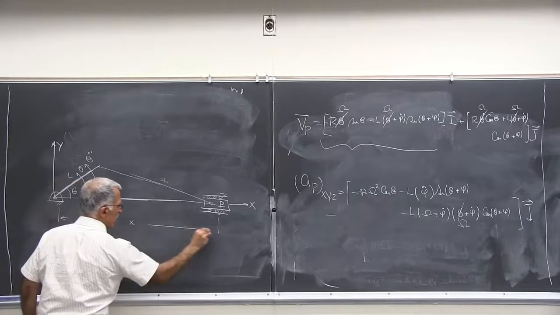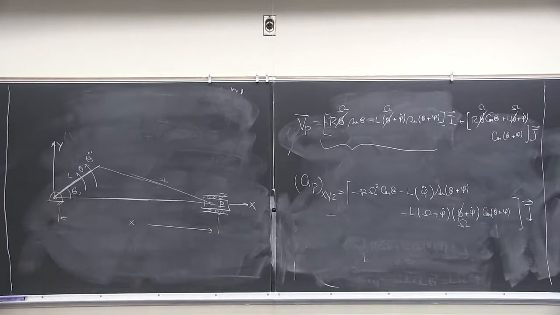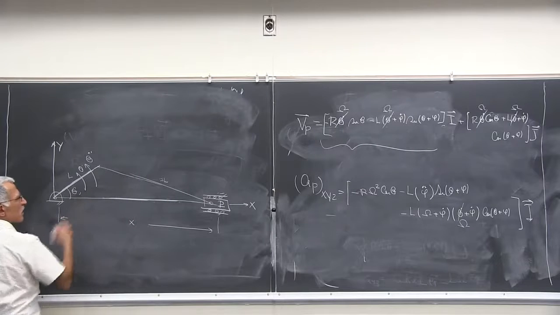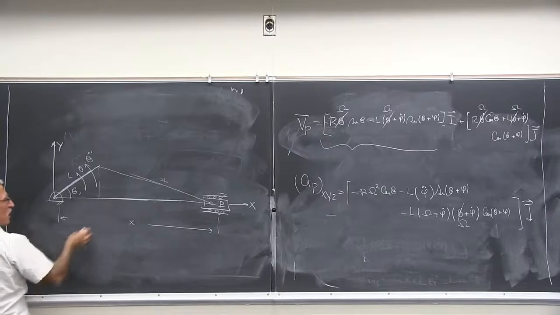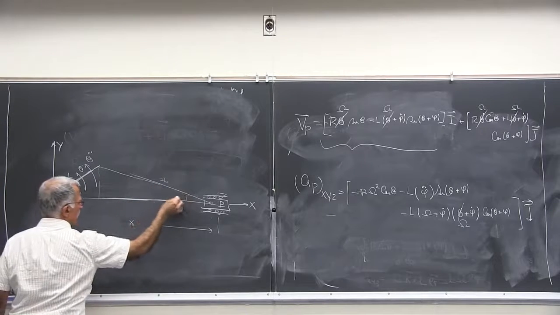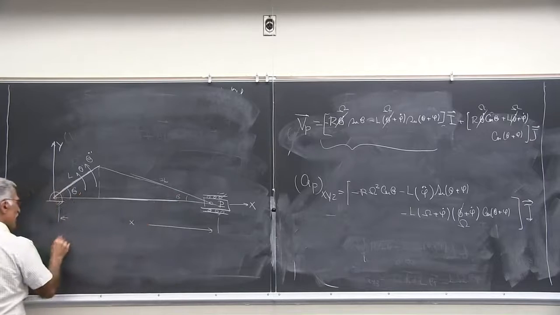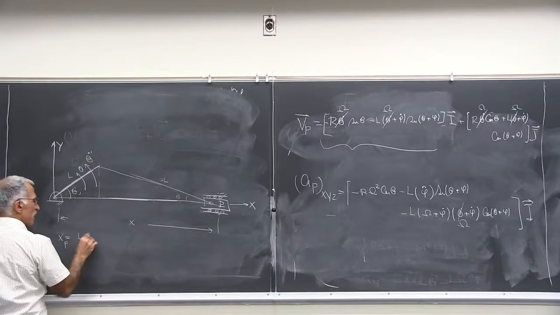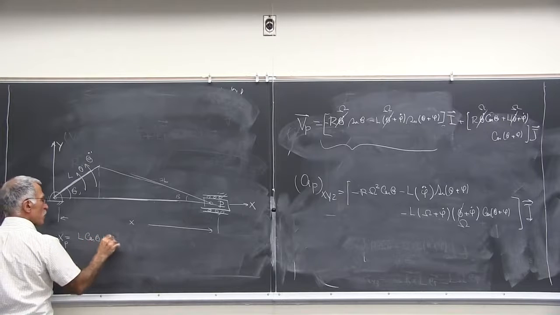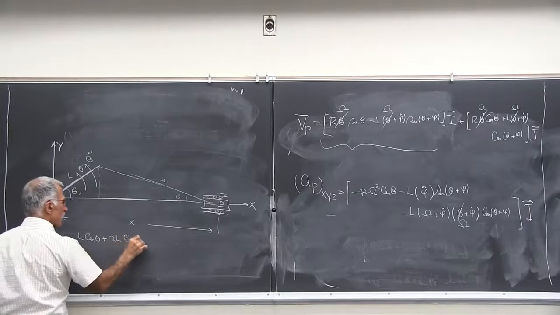What is this distance, x? So you can say this distance is L cosine theta plus 2L cosine beta. So x of the piston is L cosine theta plus 2L cosine beta.